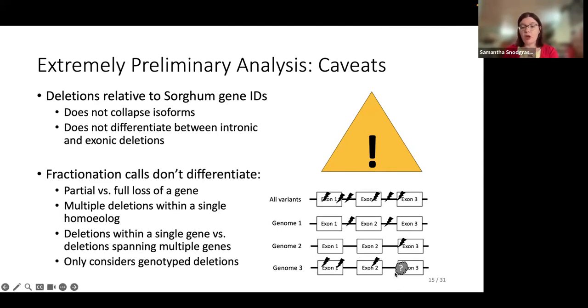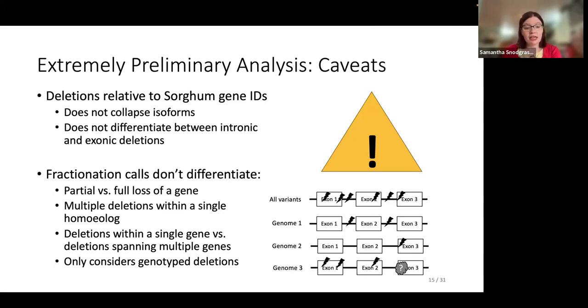And then all of these different genomes have different sets of deletion variants within them, but all of them under this categorization would be called lost, even though here they only have intronic deletions, and therefore it should be called retained. And here we probably only have a small loss of this third exon in genome 2, and thus should only be called partially lost, right? So this is very much a coarse collapse of all of these.